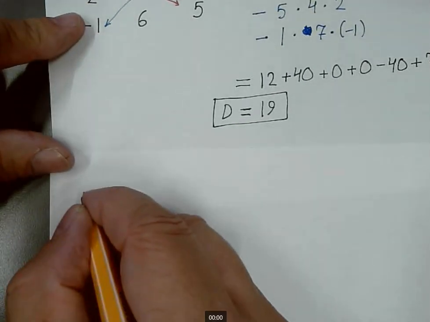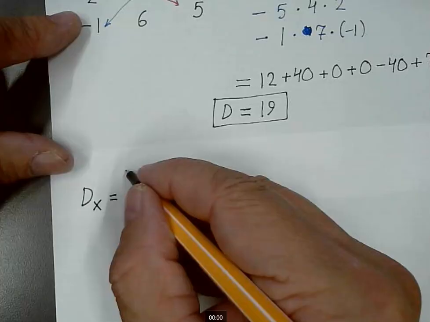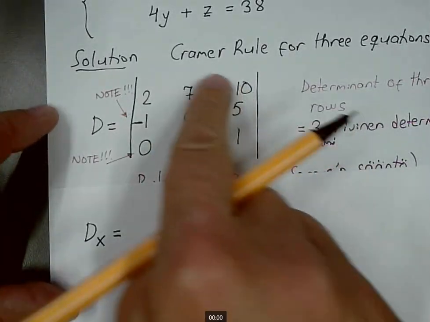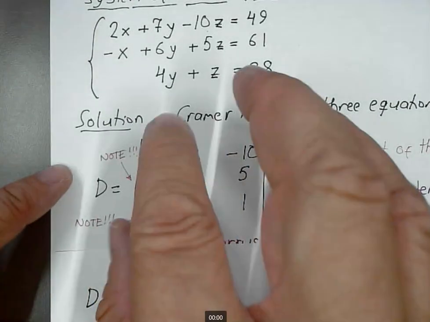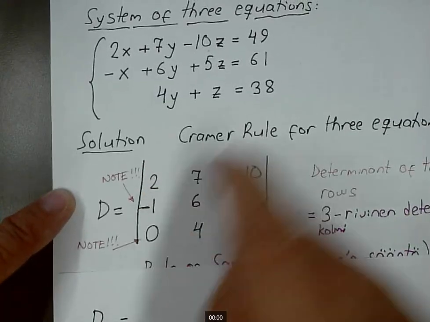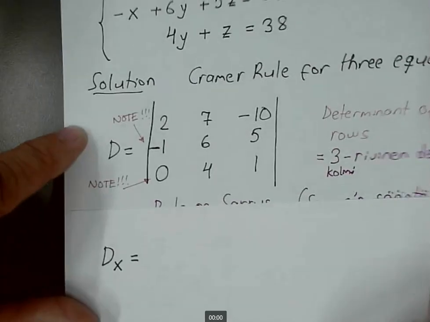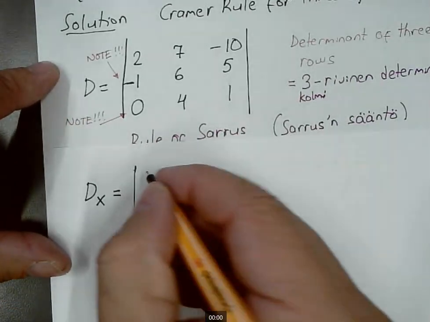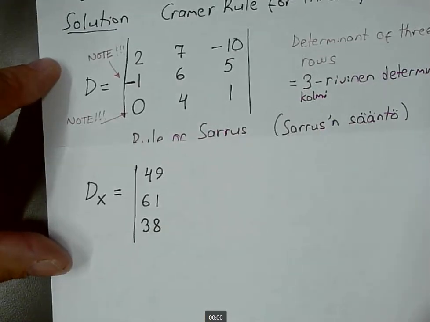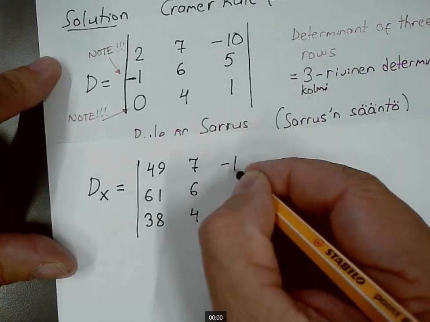And now we are finding the value of dx, and again the original determinant is this determinant here, and we take this here and copy there, but change the numbers here to the numbers here. So these will be in place of these. So I will have 49, 61, 38, and the other part of the determinant is the same.